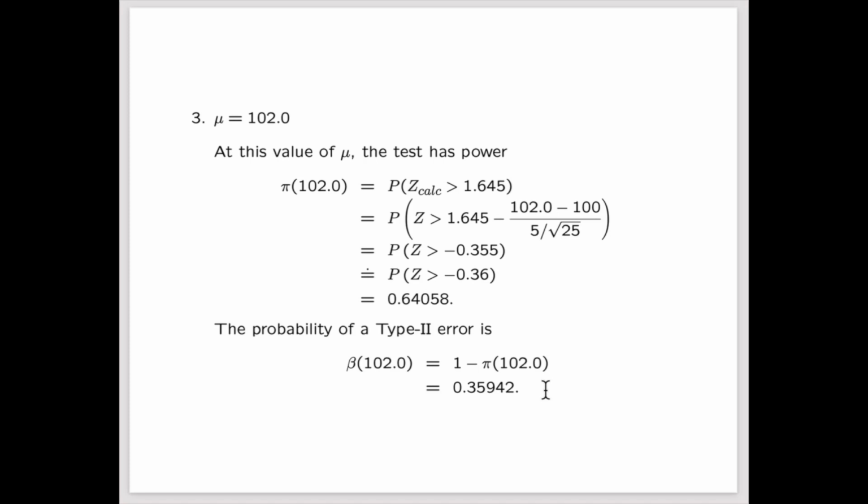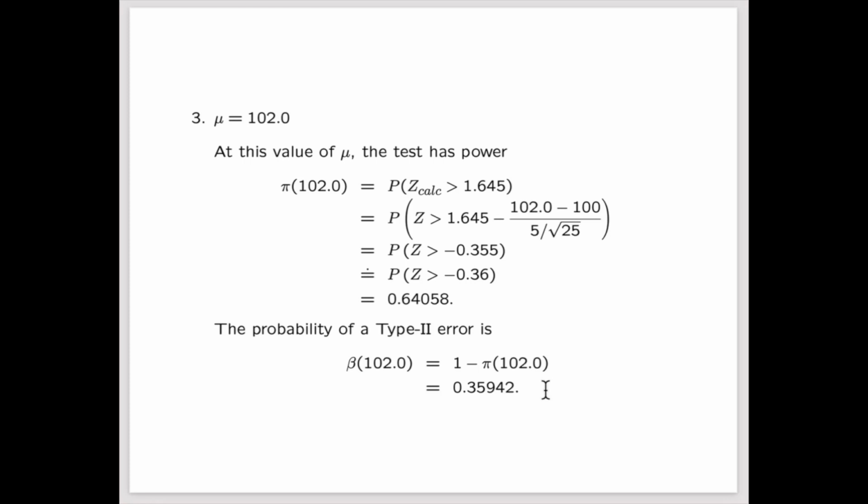And so the probability of a type 2 error when mu is equal to 102 has decreased down to 0.35942. And so we see here that when mu is equal to 102, there's only about a 35.9% chance of getting a hold of a sample that would lead us to the wrong conclusion.